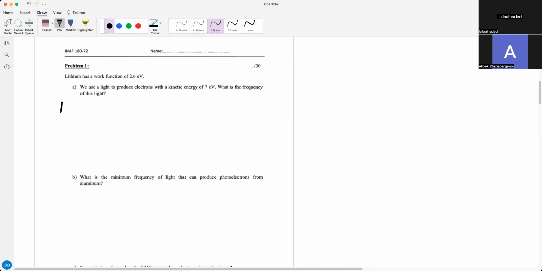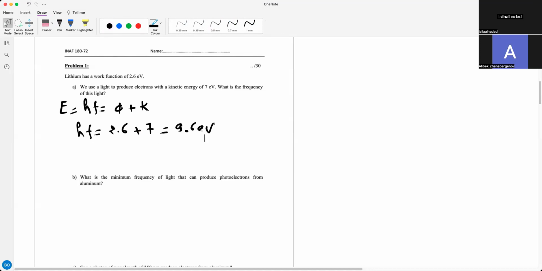So the energy, hf, is equal to the work function plus the kinetic energy. Now we have everything: hf is 2.6 electron volt plus the kinetic energy of 7 electron volt, so the value will be 9.6 electron volt.